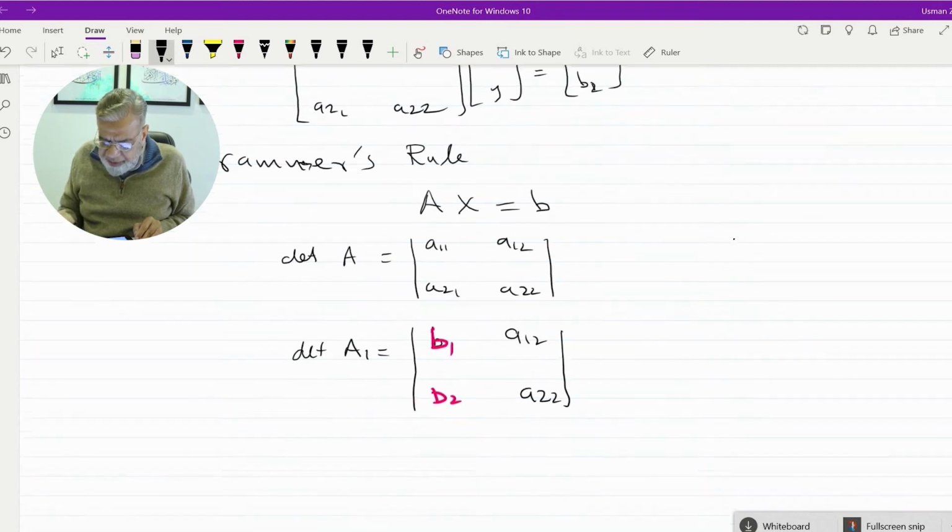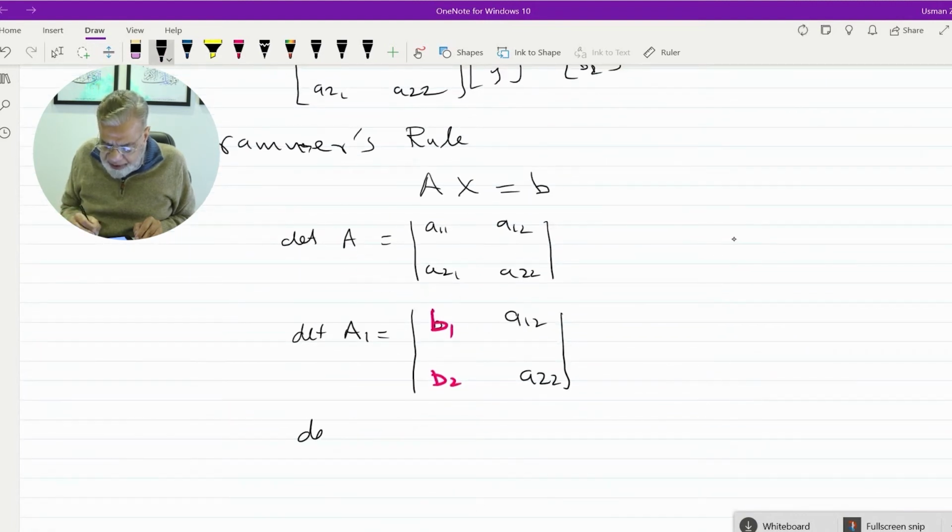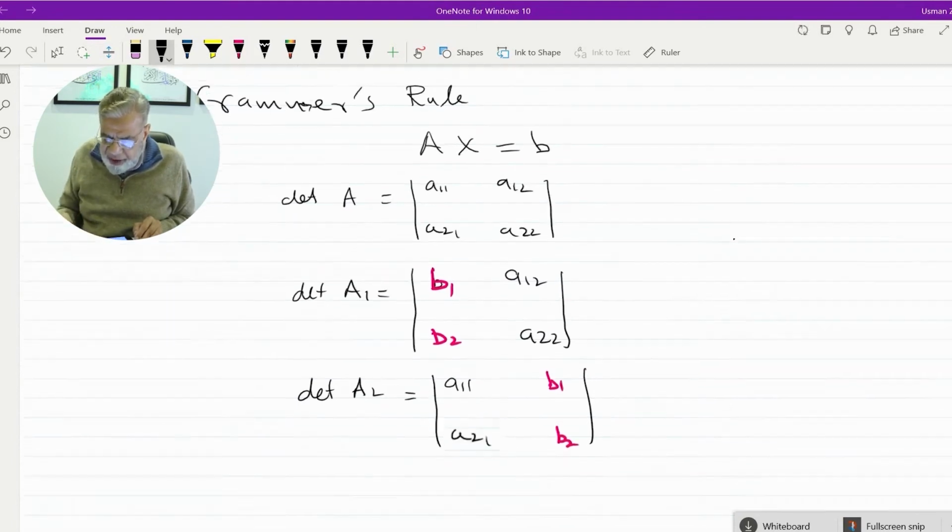If I define my determinant of matrix A2, in A2 I am going to replace my second column by B1 and B2, and then my first column will be as usual A11 and A21.